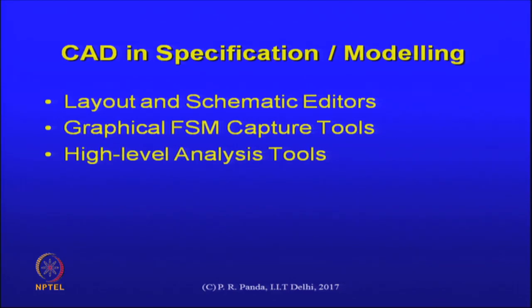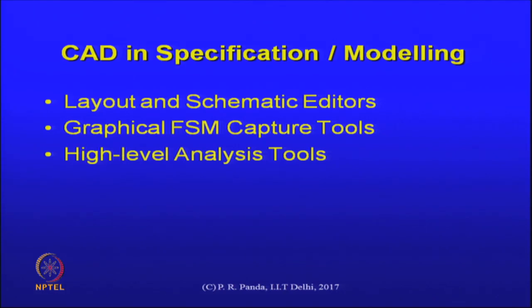Clearly, we need some mechanism to be able to specify that. So, depending on the level of abstraction, you may think of different tools that could help in just this capture part. If layout is being specified or a gate level netlist is being specified, there are these layout editors and schematic editors, which you might already have used in various contexts.